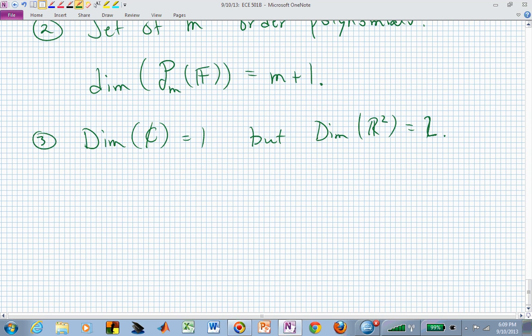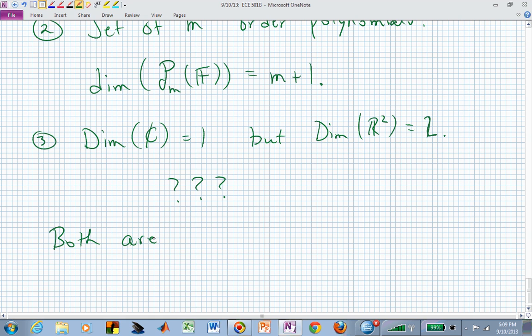And if you look at the set of complex numbers, you can think of it as having a real component and an imaginary component, and so intuitively that seems like it's two-dimensional. R2, the real space of the plane, that is two-dimensional. So what's going on here?